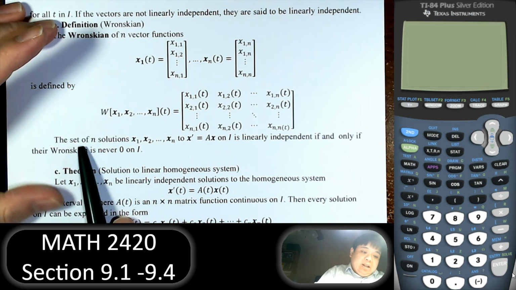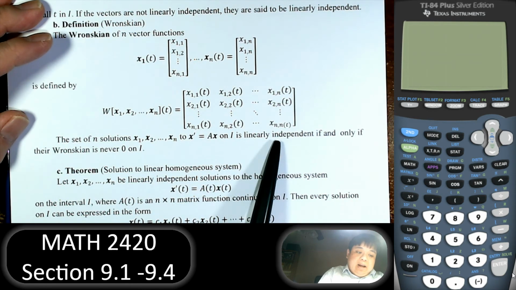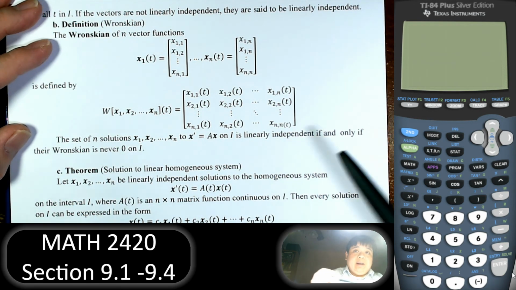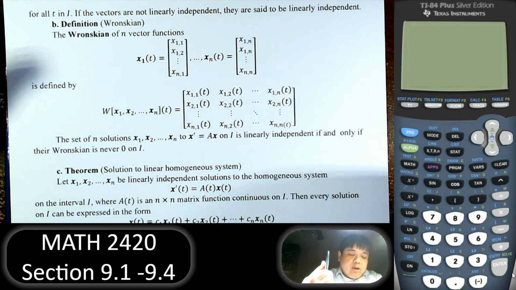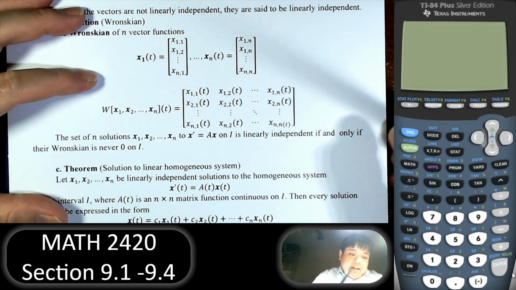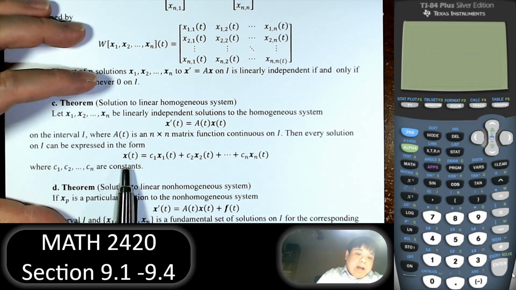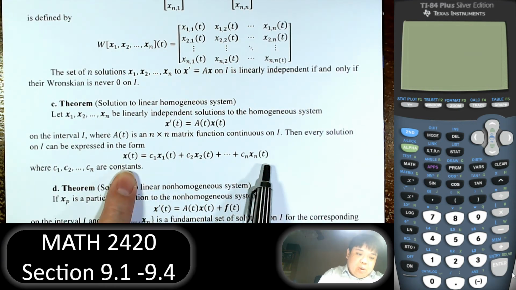We said the set of n solutions is linearly independent if their Wronskian is never 0 on an interval I. So if the Wronskian is not equal to 0, that will be linearly independent. And if it is linearly independent, we can write the solution of the system.